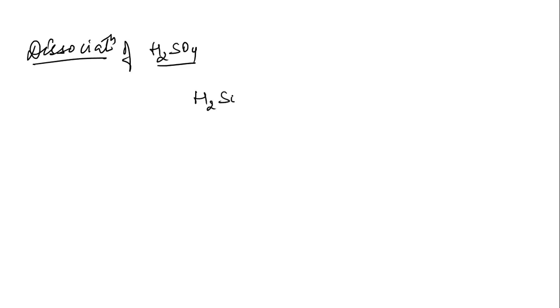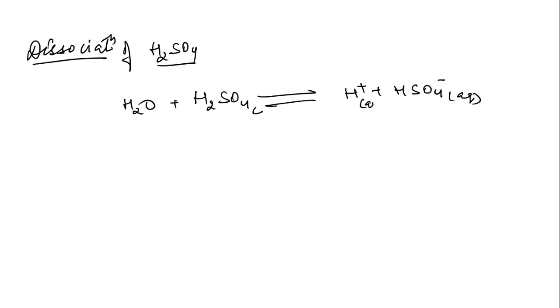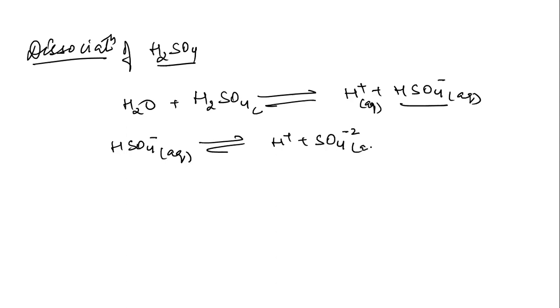When water is added to H2SO4 aqueous, it gives you H positive plus HSO4 negative. And this HSO4 negative again dissociates and gives you H positive plus SO4 minus 2.